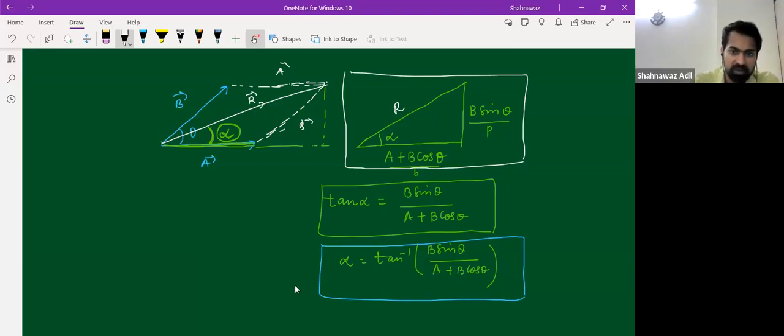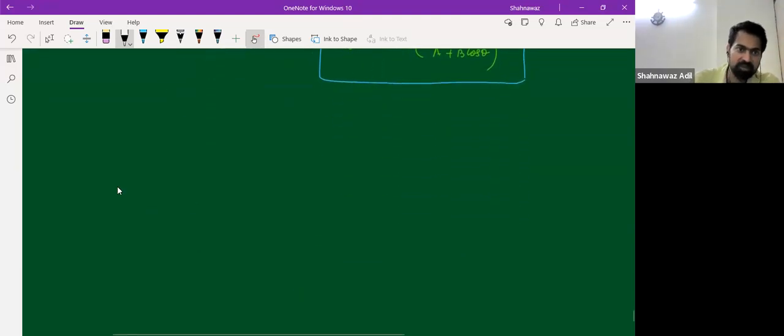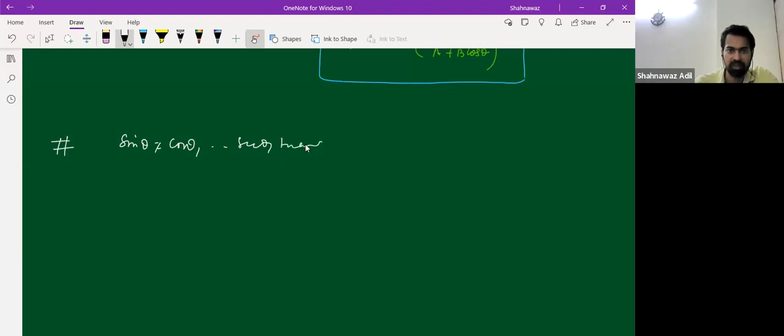Let us understand this inverse trigonometric function. You know the trigonometric functions sine theta, cos theta, sec theta, tan theta. Let's say sine theta is half. Sine is a function operating on this angle.